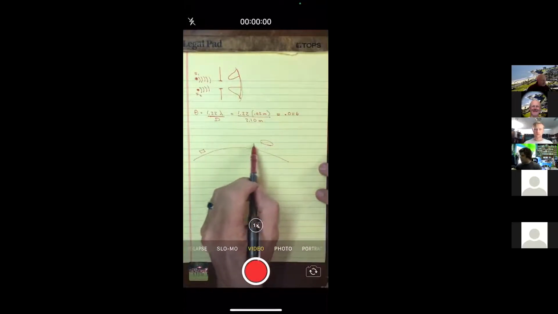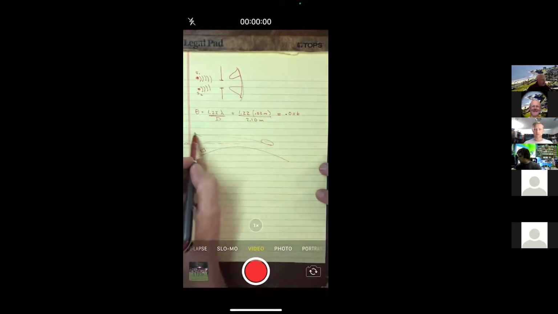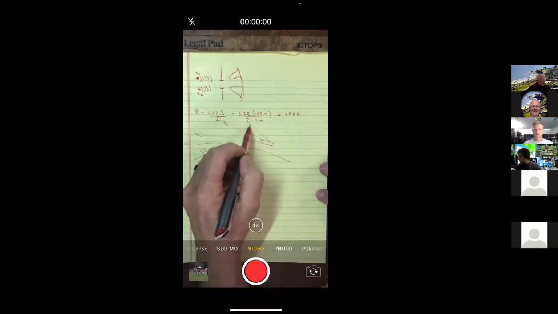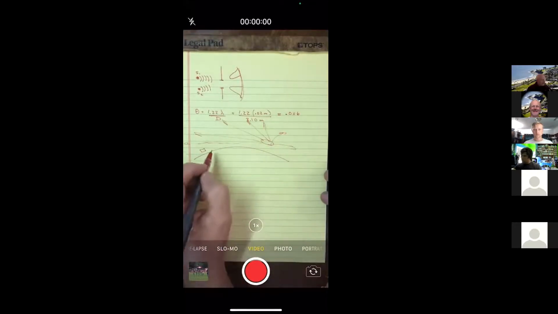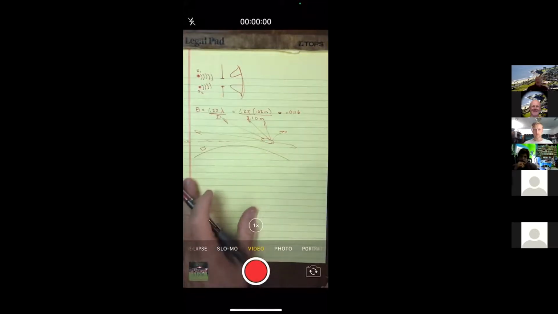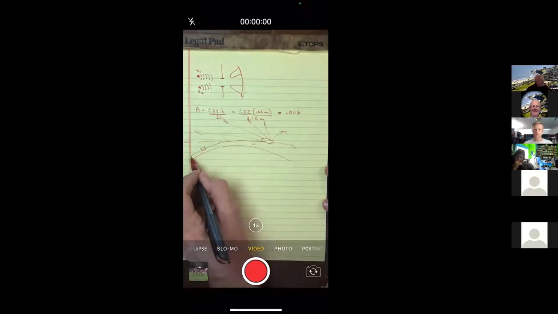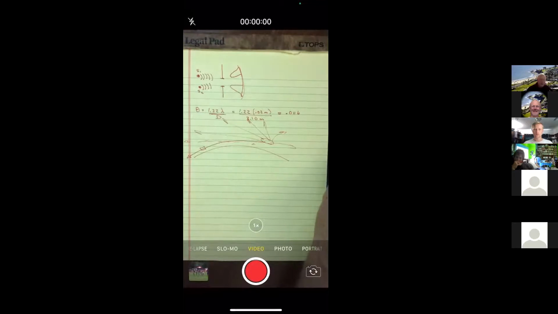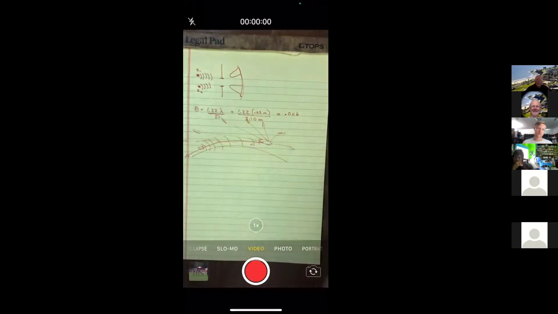If AWACS sends out this short wavelength so they can see high resolution, this bogey's hiding over the horizon and you don't pick it out. You switch over to long wavelengths and it refracts around the surface of the Earth, reflects off the bogey, and you pick it up.